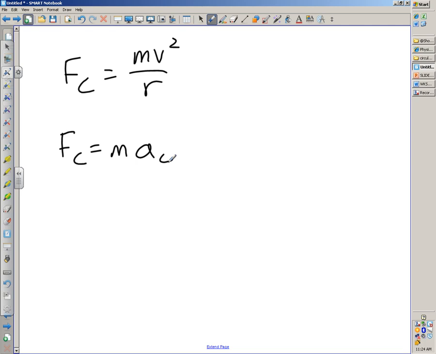Taking apart this equation, here's the mass, and that leaves v squared over r left over. That is the centripetal acceleration, depending on how fast the object's going and the radius of the turn. Okay?